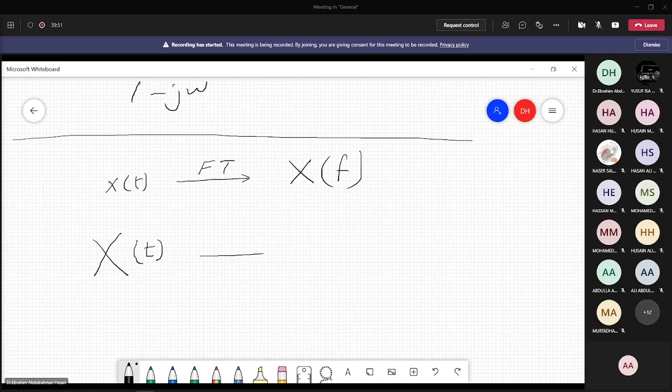Then the Fourier transform for this one is equal to x small of minus f. What did I do? It is as if you take this X and replace it here, so change f to t. Similarly from here, just change t to minus f. Then you will get the answer.